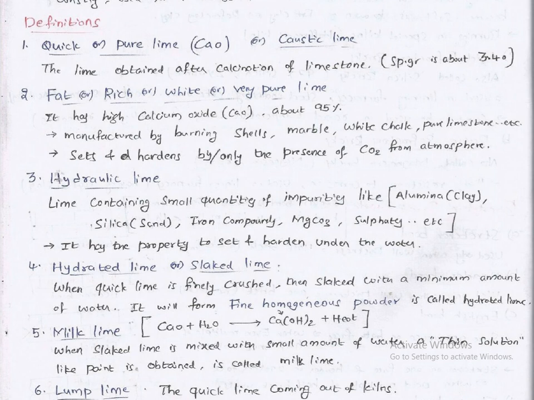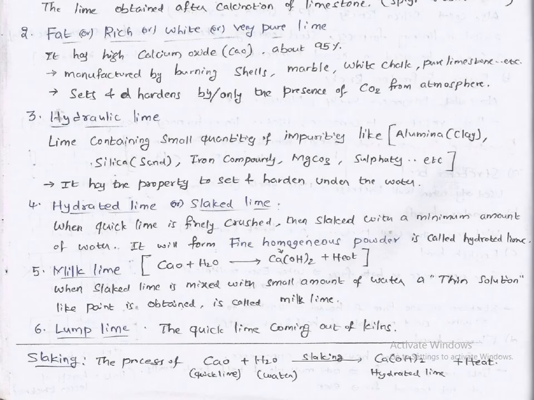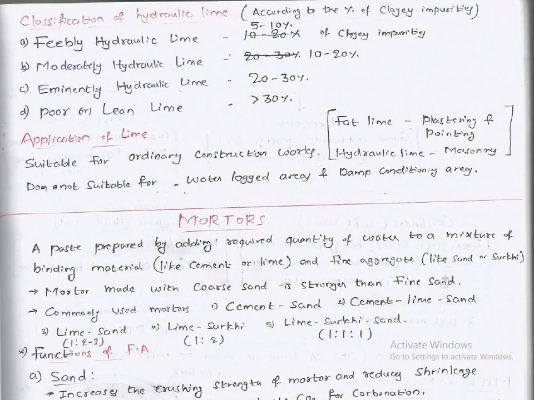Classification of hydraulic lime according to percentage of clay impurity. Feebly hydraulic lime, 5 to 10% clay impurities; moderately hydraulic lime, 10 to 20% clay impurities; eminently hydraulic lime, 20 to 30% clay impurities; poor or lean lime, greater than 30% impurities.